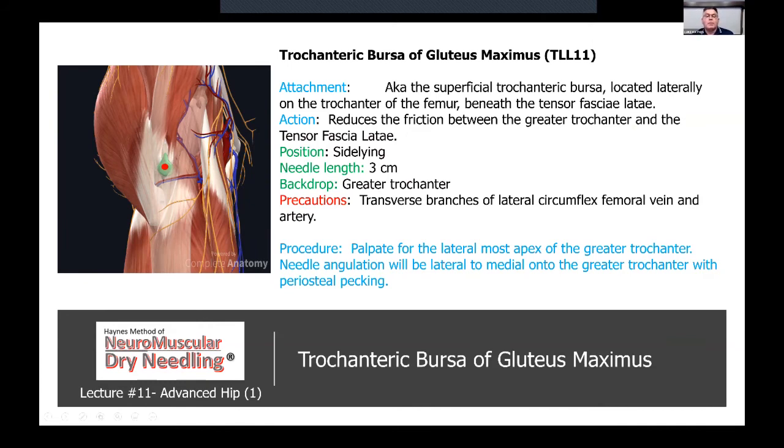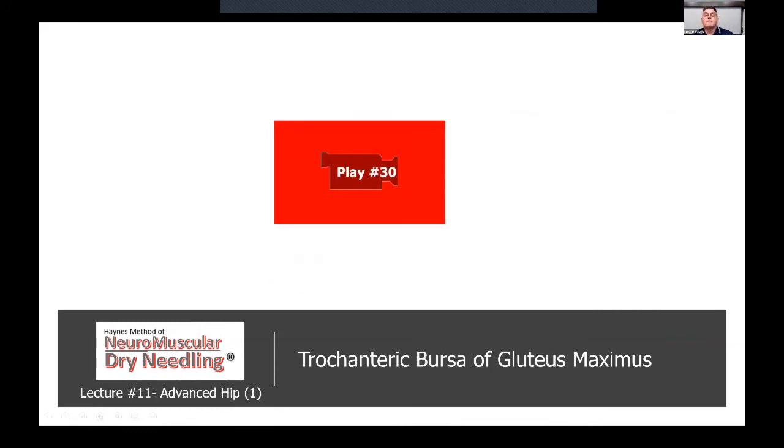We'll be sidelined for this. Needle length is 3 centimeters. It can be greater with a person with more adipose tissue out there. Backdrop is going to be on the greater trochanter. So we'll palpate for that lateral-most aspect. The angulation is going to be lateral to medial onto the greater trochanter with periosteal pecking.